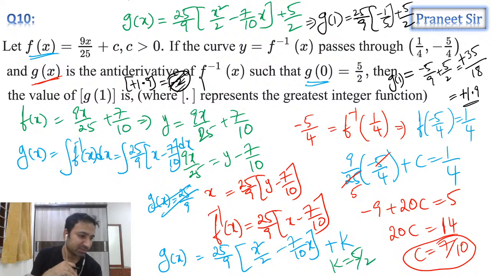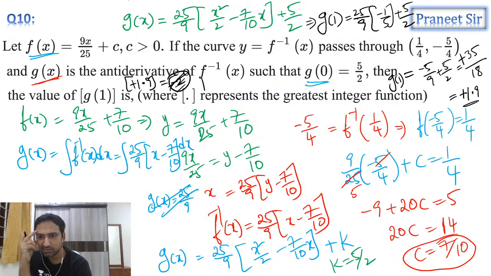Somewhere we did wrong, guys. But you understood the procedure, right? Everyone understood the procedure. The method is correct only. Somewhere we have done wrong. Let's see where I have done wrong. I think this C value is wrong, guys. Here only I did something wrong.